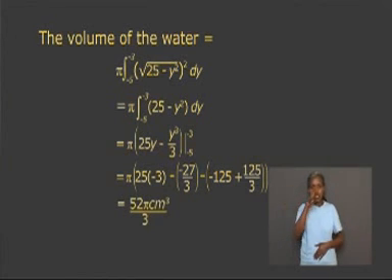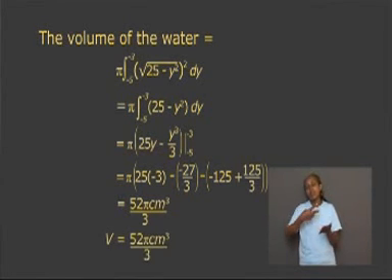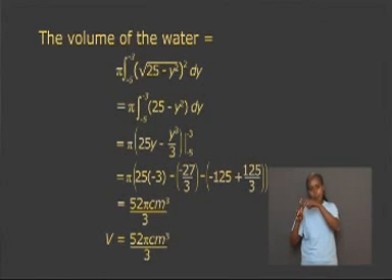This equation simplifies to 52 over 3 times pi. Therefore, the volume of the water in the bowl is 52 pi over 3 centimeters cubed.